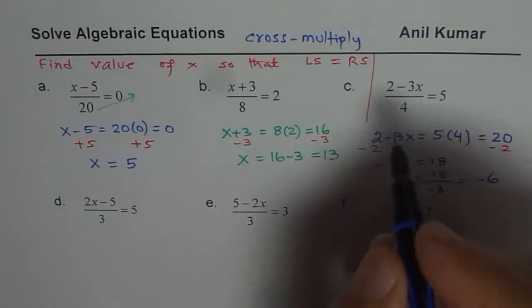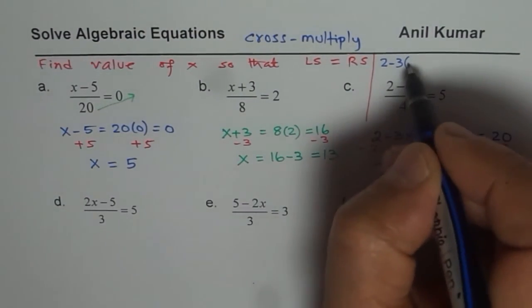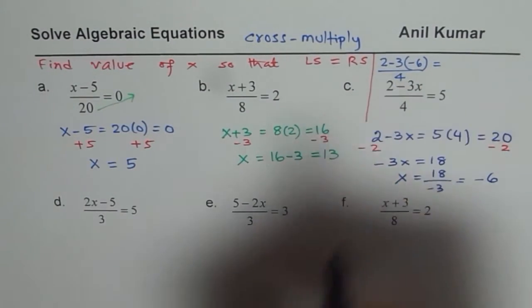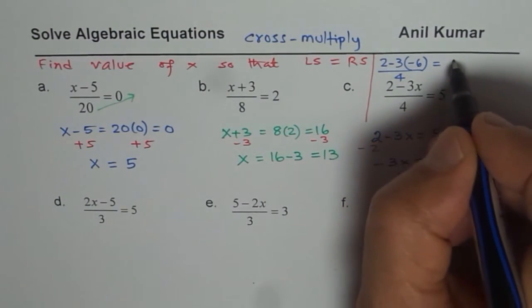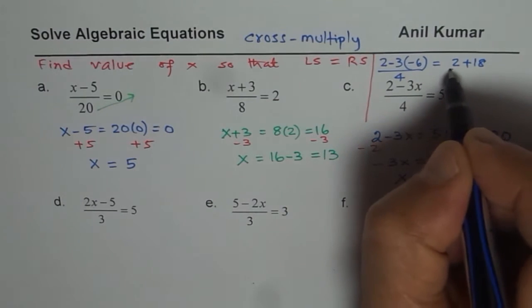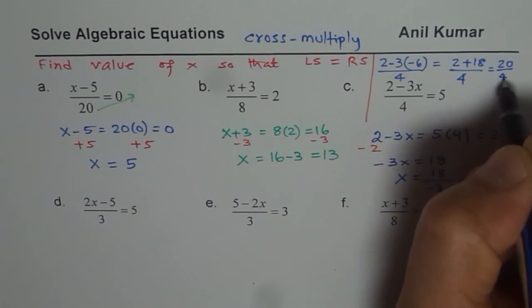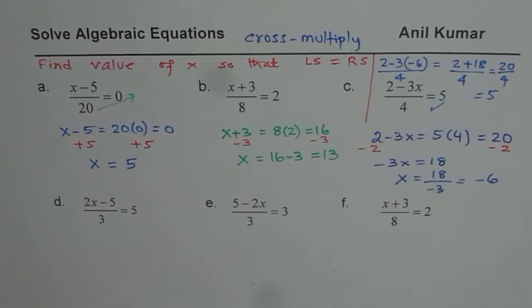So it is 2 minus 3 times minus 6, divided by 4. Now minus minus becomes positive, so we get 2 plus 18 divided by 4, and that is 20 over 4, and that is indeed equal to 5, which is our right side. So we checked the solution also, correct?